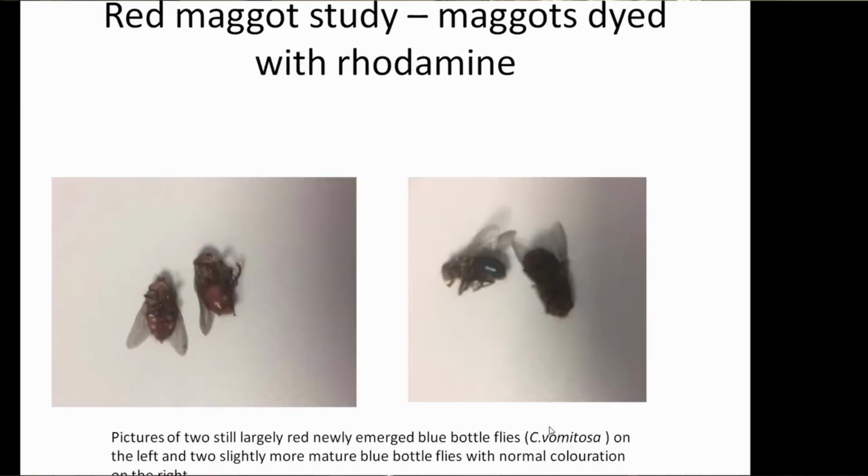Now, when the flies are first born, they are red, but within a few hours they change into the normal either blue or green bottle fly. And not only are they green, but when they have their bowels open, they pass interesting pink motion, or frass to use the technical term.